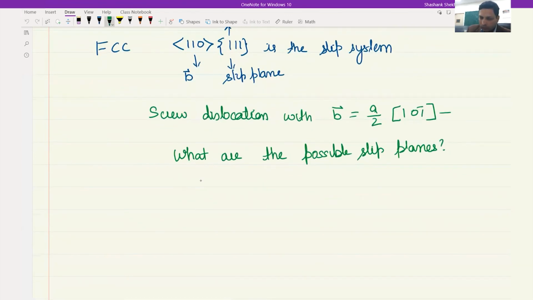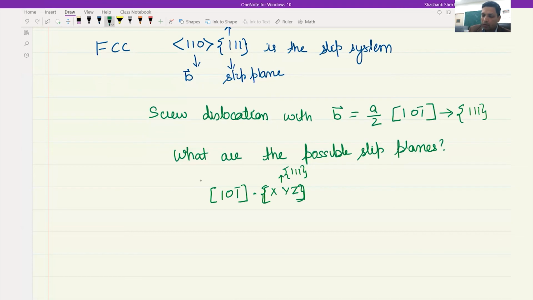So it has to be one of the 111, then 1 0 1 bar dot whatever it is xyz, which is of the form of 1 1 1.